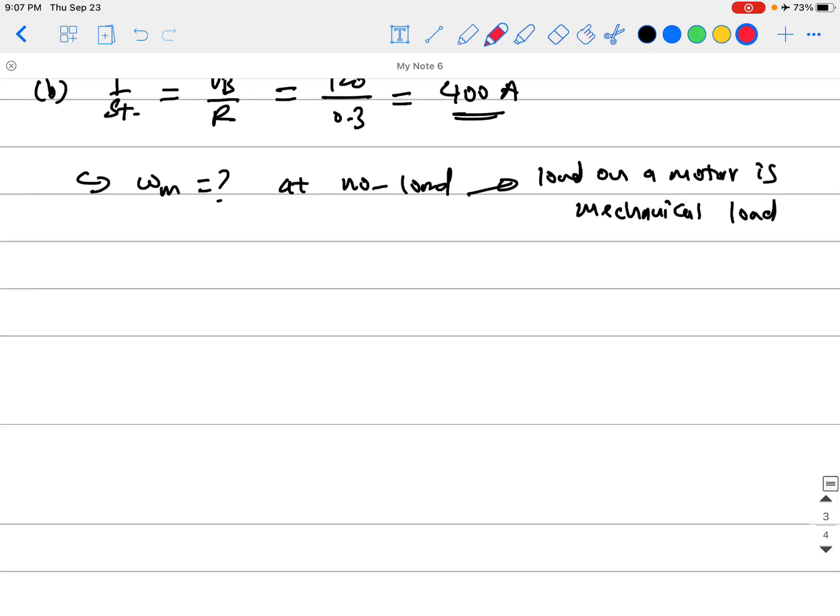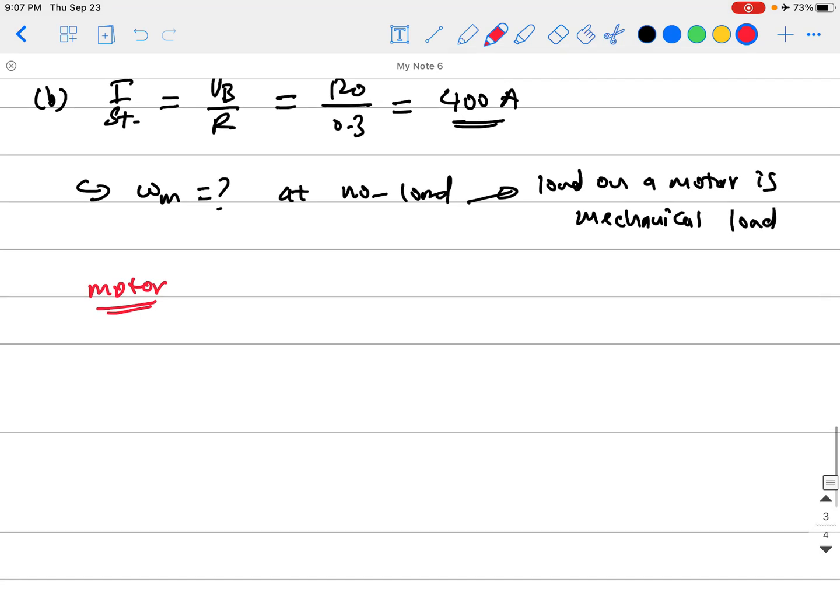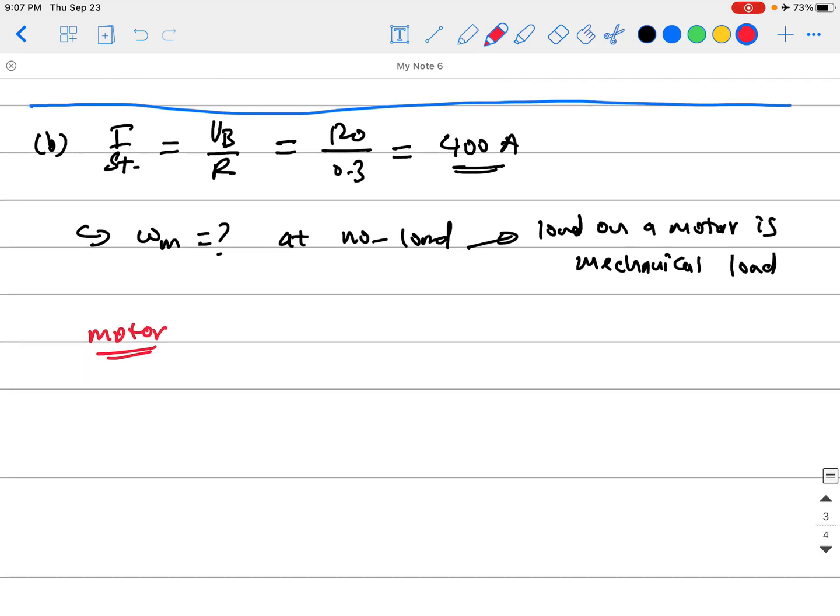So, if we are talking about a motor here, what does it mean that this motor doesn't have any load? Because he wants the speed at no load. That means we're just letting the motor rotate while not attaching anything to it. That's not the typical case, because we don't just grab a motor to let it run freely without driving anything.